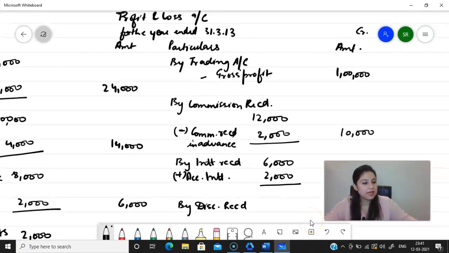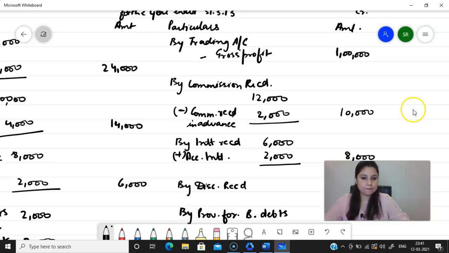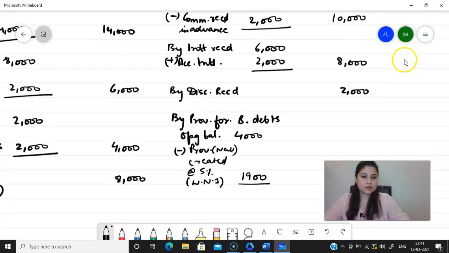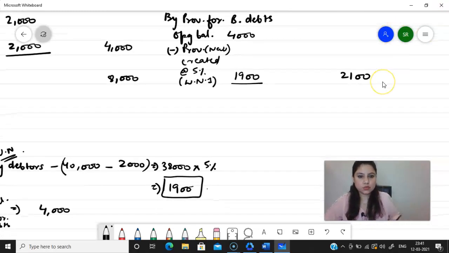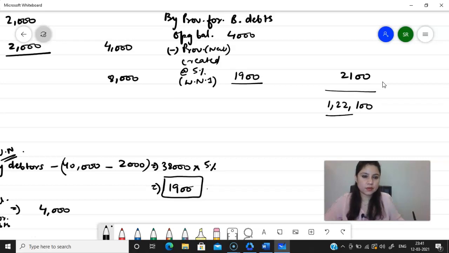So 1 lakh plus 10,000 plus 8,000 plus 2,000 plus 2,100, amounting to a total of 1,22,100.